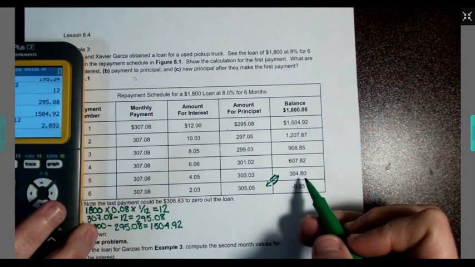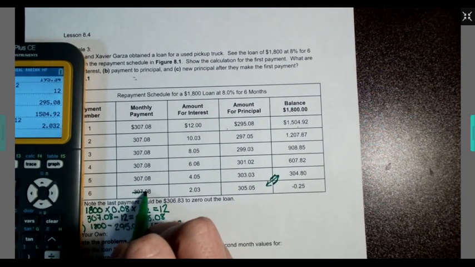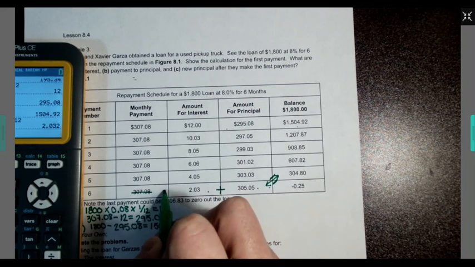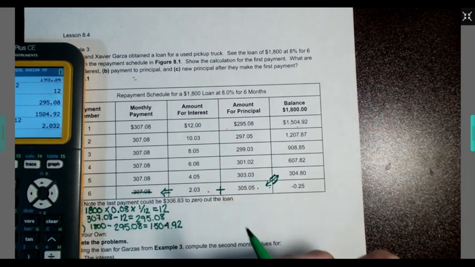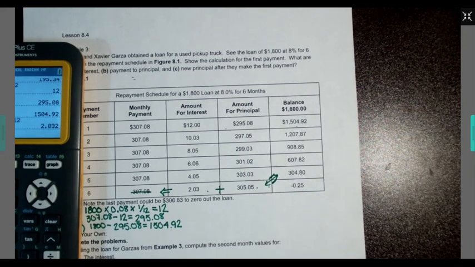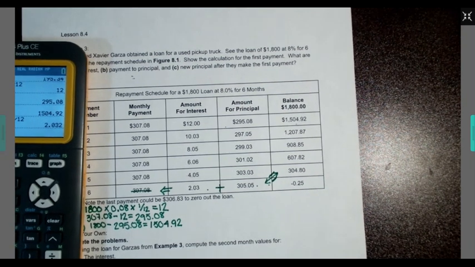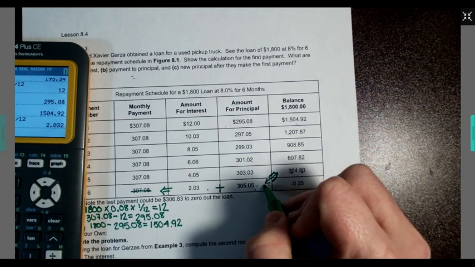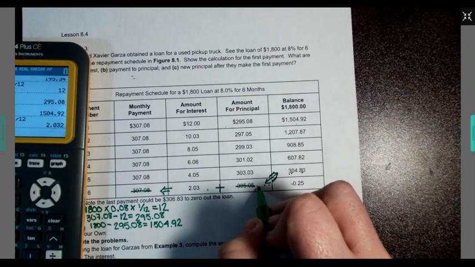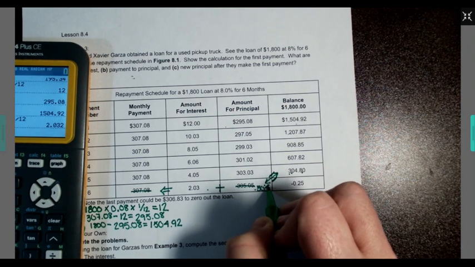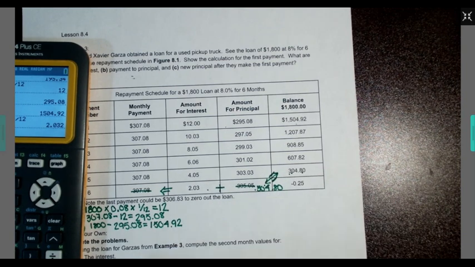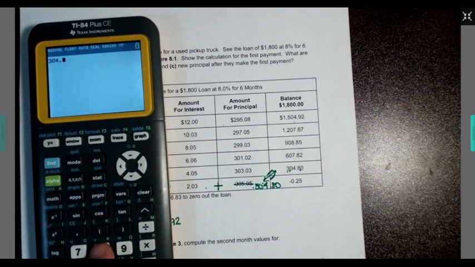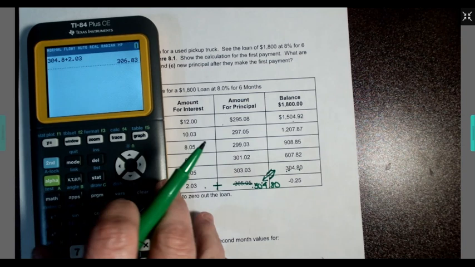So then you would have backtracked here and added these two amounts together to get this amount of the loan. So 305.05 plus 203. No, sorry. I wanted these two to equal each other. So I really should have done 304.80. So 304.80 plus 203.